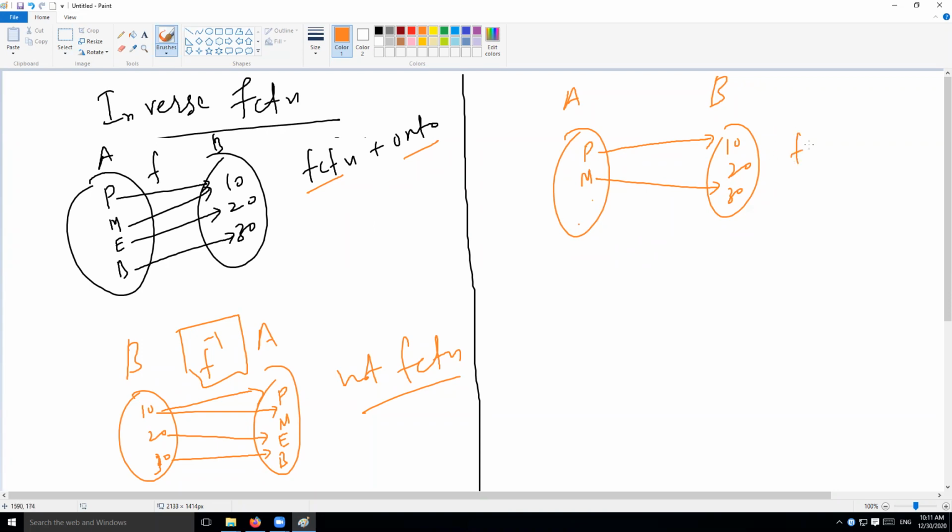Yes, sir. What else can you say about this function? This is not onto. One-to-one function.